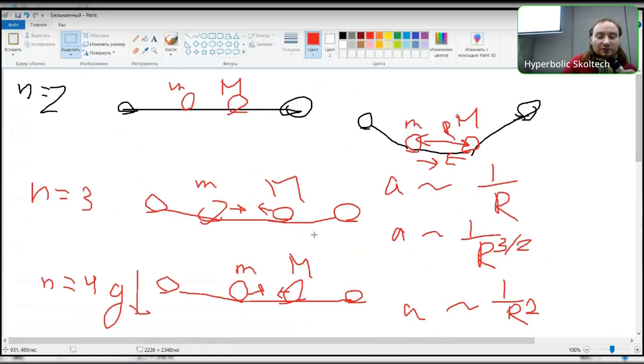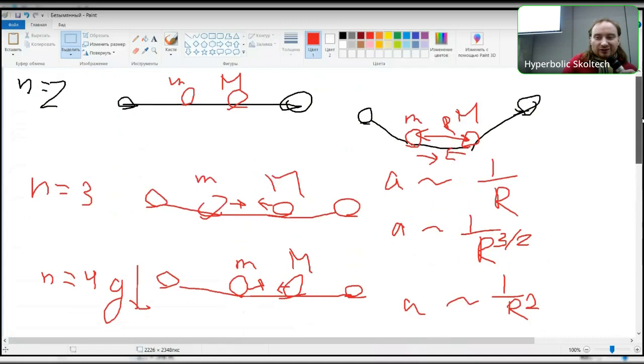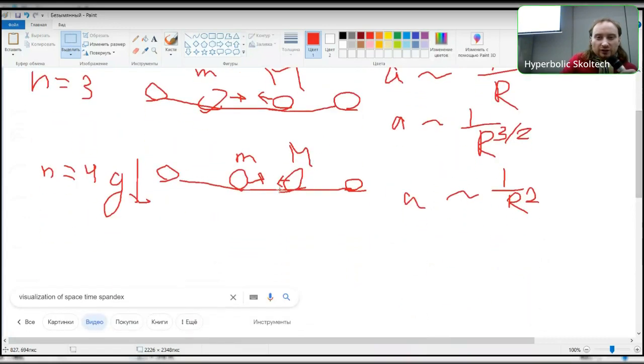And so, what is the relation with hyperbolic geometry? For me, there is not so much relation, but probably the wave equation here.